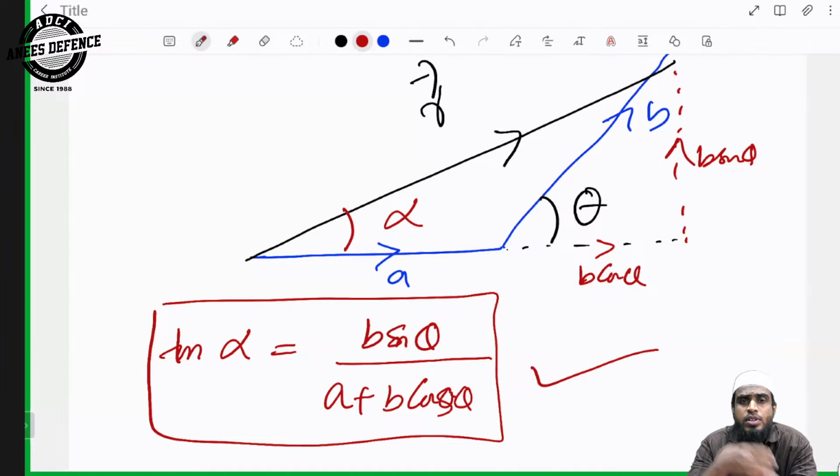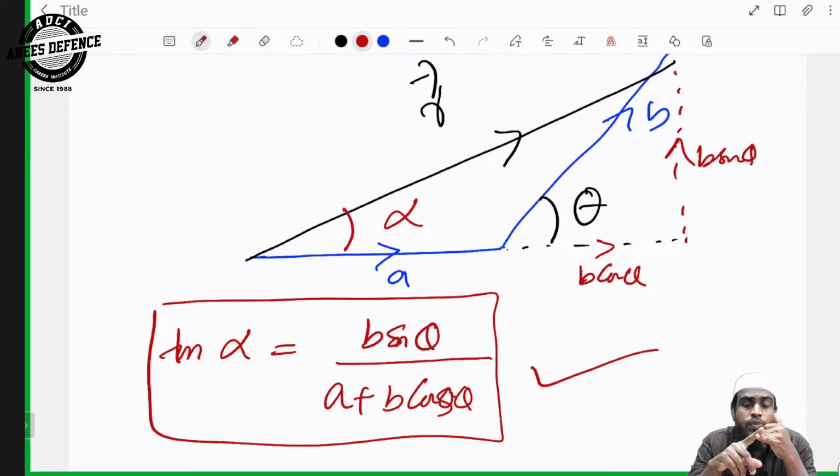So we have discussed the difference between scalar quantity and vector quantity, and the different types of vectors: null vector, free vector, equal vector, parallel vector, anti-parallel vector, negative vector, localized vector, unit vector. Then what is the addition law?